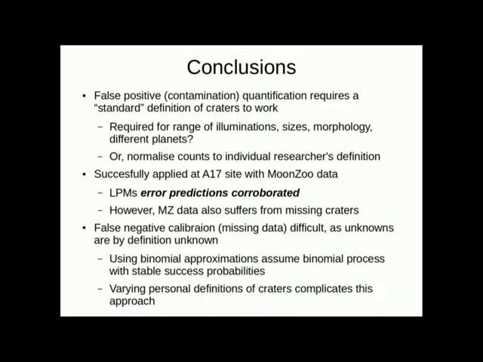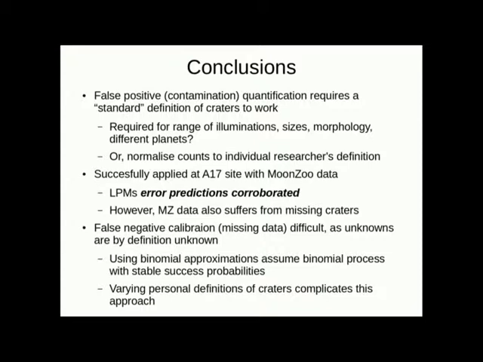Now, we've successfully applied this at the Apollo 17 site with the help of Moon Zoo data, and we've used the linear Poisson models to not only remove the quantities of false craters, but also provide error bars through its predictive error theory. However, the Moon Zoo data does also suffer from missing data.